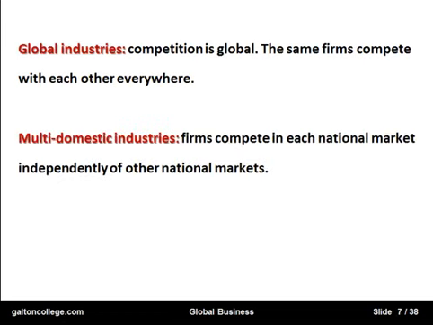There's also something we call multi-domestic industries. These are firms that compete in each national market independently of other national markets. It's as if the companies exist in different countries, but they're independent of each other. They're independent of the original company who set them up in the original domestic market.